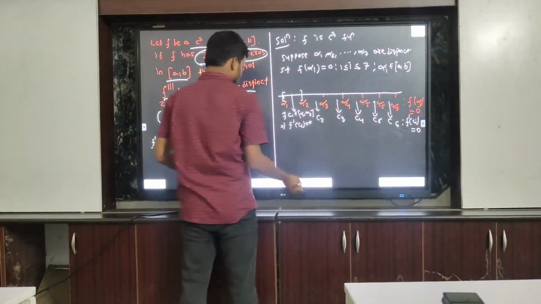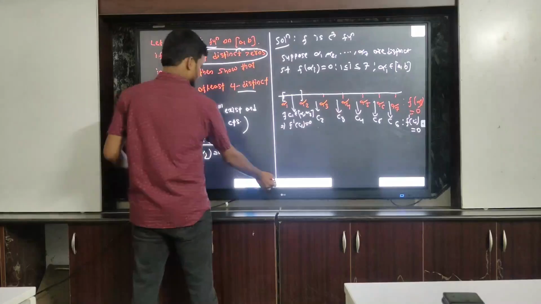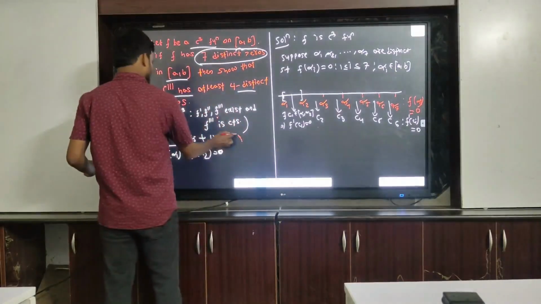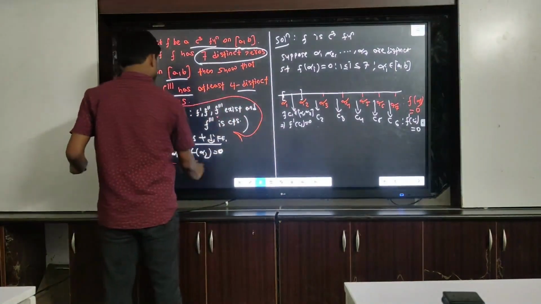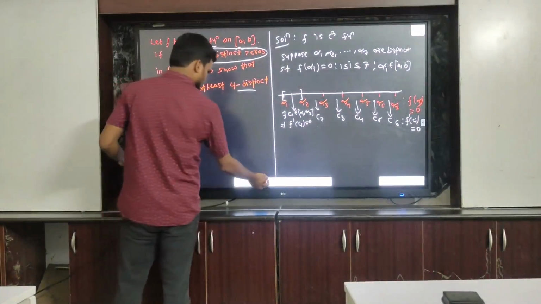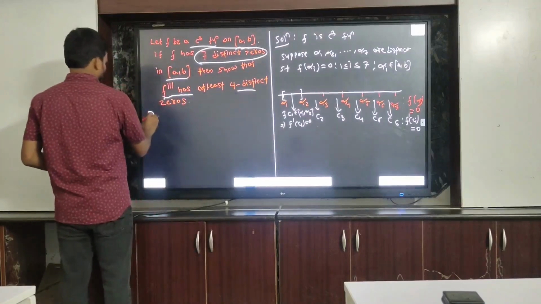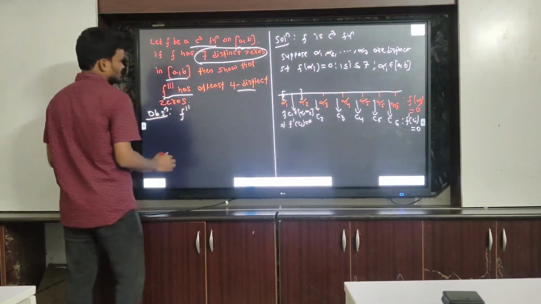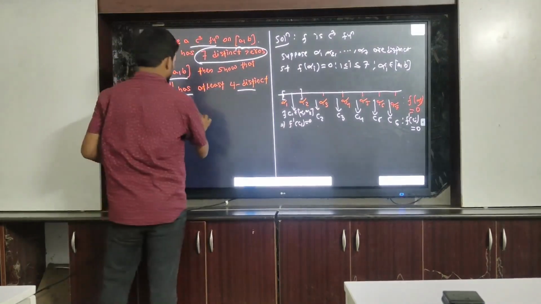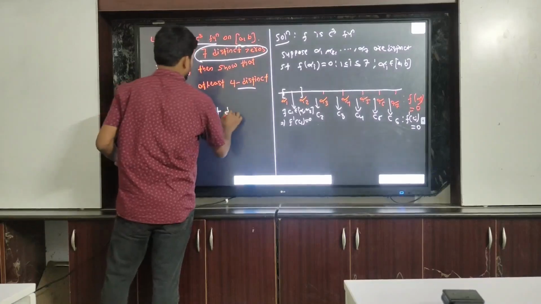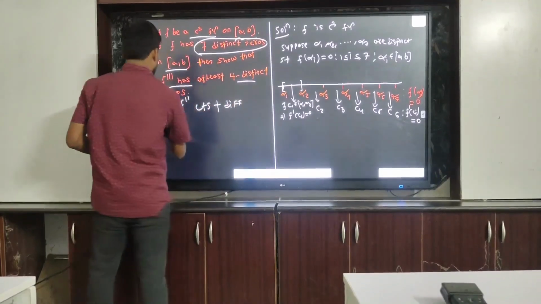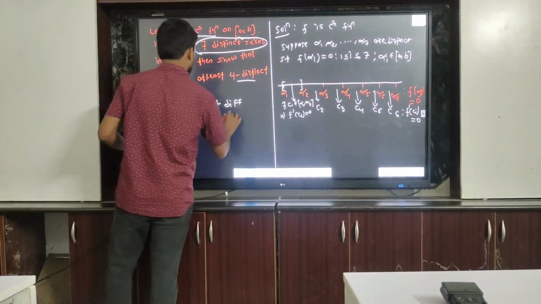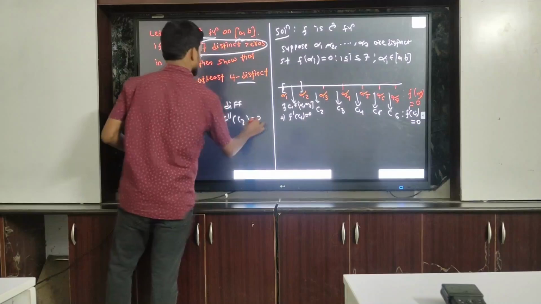Similarly, observe for f double dash x. F double dash x is continuous, since f belongs to C3, continuous plus differentiable, and f dash c1 is equal to f dash c2 is equal to 0.